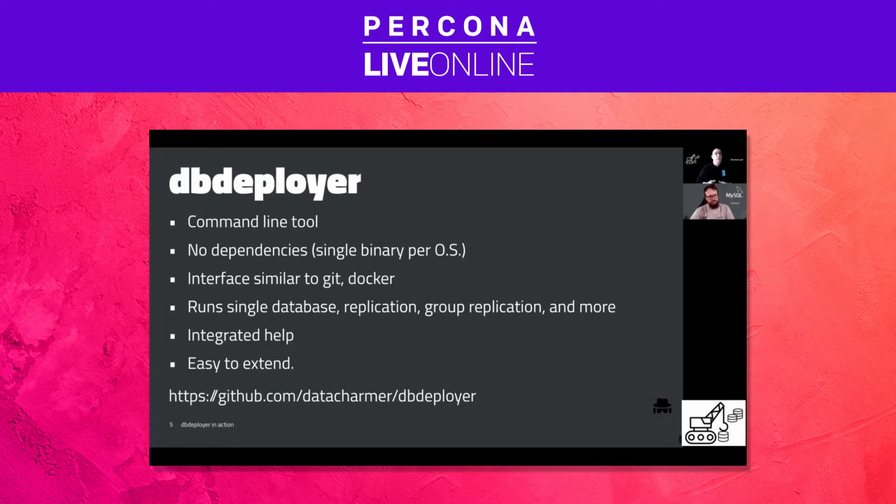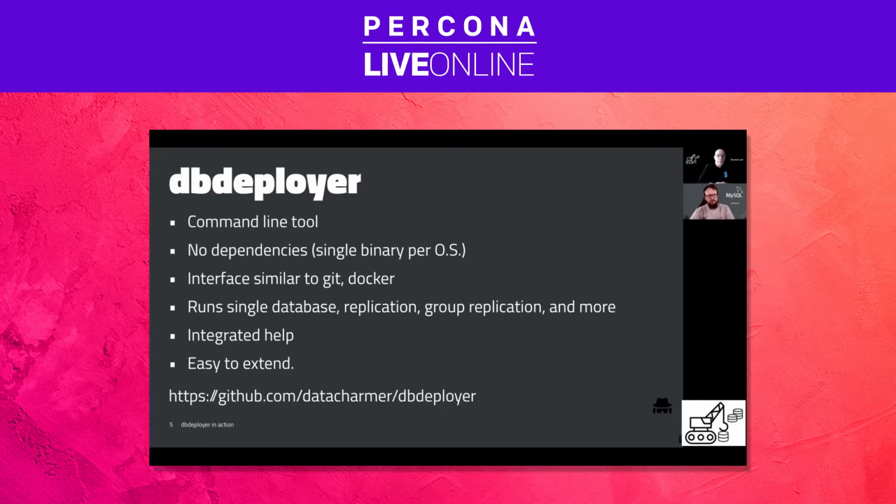A few quick facts about the DBdeployer. It is a command line tool, and it has no dependencies, meaning that you don't need to install libraries, like you would do with Python or Perl. It's just a single binary per operating system, and the interface is similar to Git or Docker.